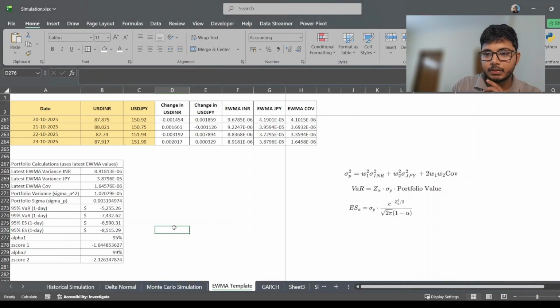So we calculated 95% VAR and 99% VAR, then 95% expected shortfall, and then 99% expected shortfall. Okay.